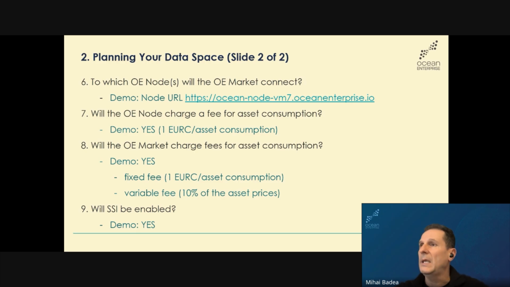In our case, the provider will charge €1 per asset consumption. And there will also be fees enabled in the marketplace. Here we have 2 types of fees that will be enabled: a fixed fee of €1 per asset consumption, and a variable fee of 10% of the asset price.